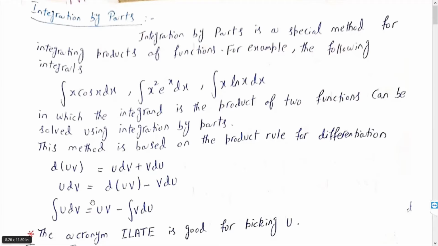Integrating both sides with respect to x, we get integral of u dv equals uv minus integral of v du. This is basically the formula for integration by parts, and our goal when using this formula is to replace one integral, which is on the left, with the other one on the right side, which can be easier to evaluate.